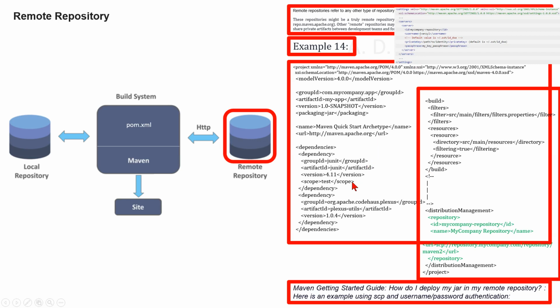For deploying jars to an external repository, you have to configure the repository URL in the pom.xml and the authentication information for connecting to the repository in the settings.xml. Here is an example of using SCP and username and password authentication.